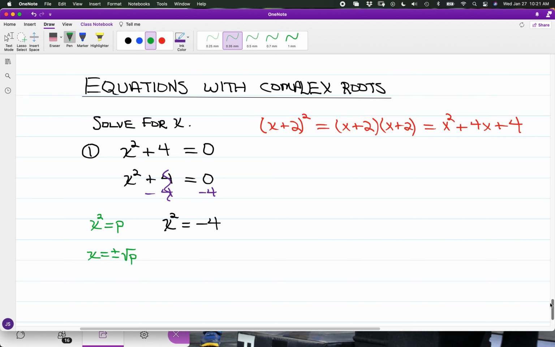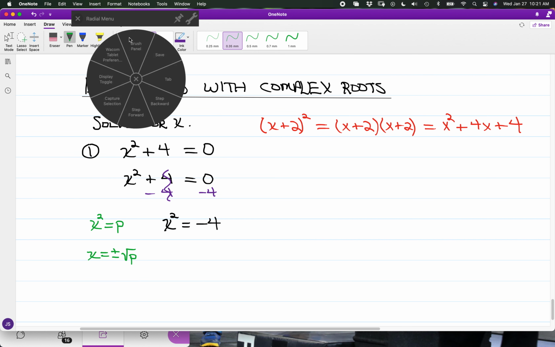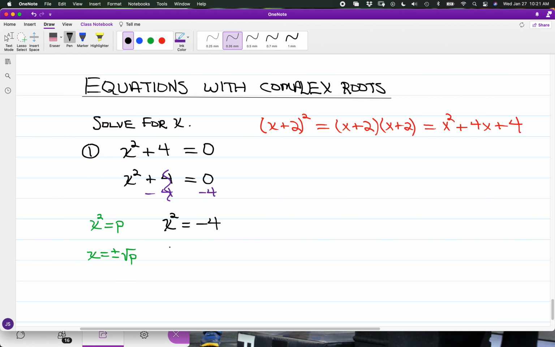If I go from x squared to x, I have x equal to plus or minus the square root of p, so x equals plus or minus the square root of negative 4. While the square root of 4 goes to 2, that of negative 4 goes to 2i. So for the solutions in x, we have plus or minus 2i.